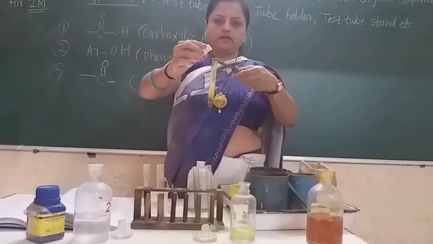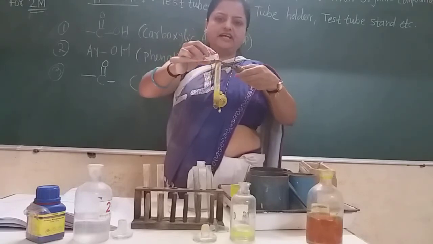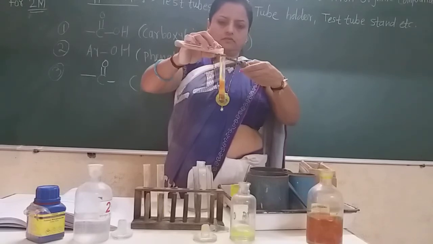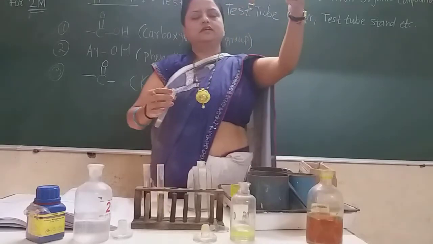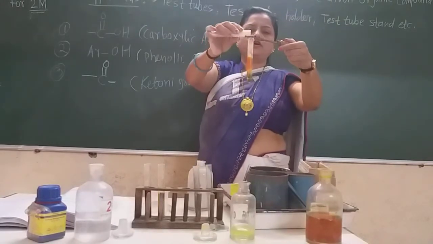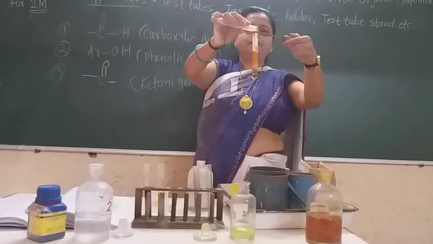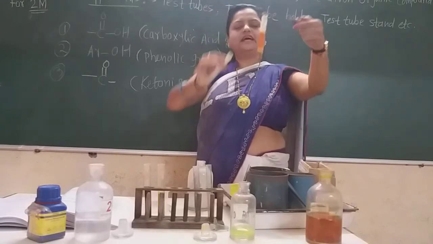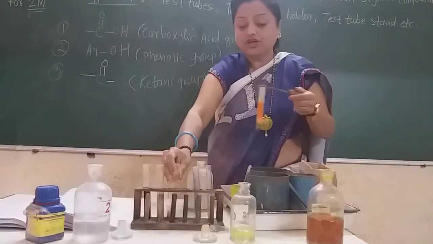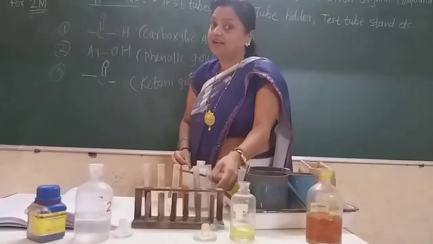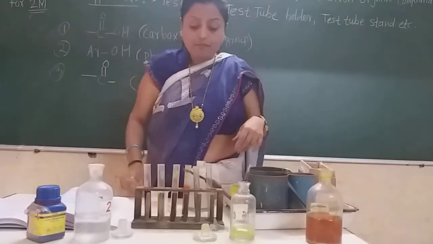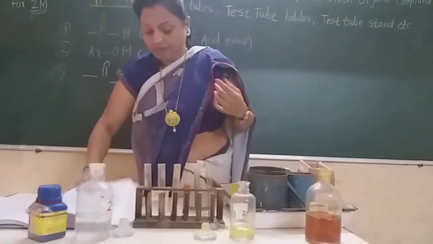Now see, there is the orange dye. Now see, this is the test of the amino group. A very nice orange color after addition of this beta naphthol solution. So the last compound we were given is the amino compound, that is the basic compound, and it contains the amino group.